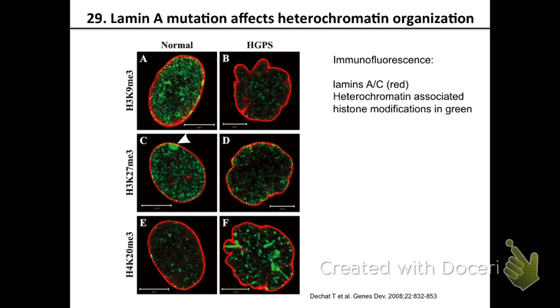And so one of the consequences of this mutation is actually heterochromatin problems in packaging of the DNA. It also causes transcriptional problems. Some certain genes that need to be turned off in these mutant cells are on, so they're being transcribed.